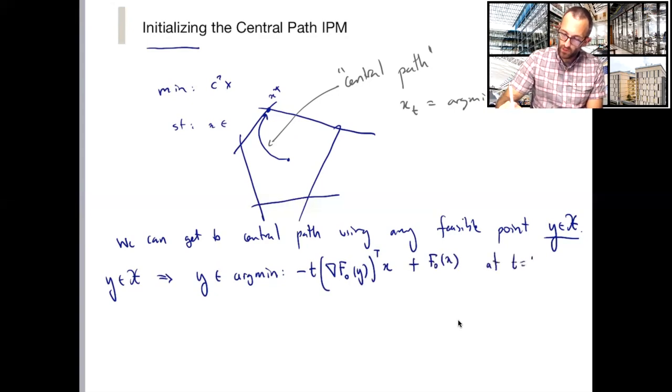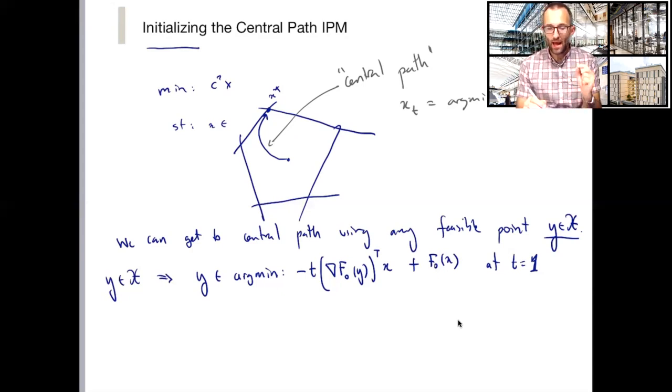At t equals 1, just take the derivative and I get minus the gradient of f0 plus the gradient of f0 equals 0, and therefore y is indeed an element of the argmin. So replacing c with the gradient of f0 at y, I have found a point on the central path of a different problem.